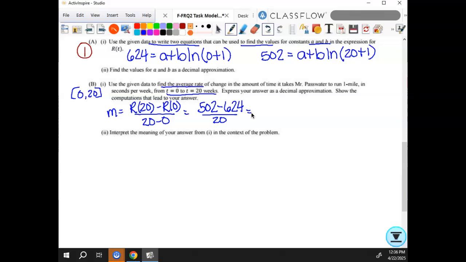And that's as much as I can do without the calculator, okay? But I have it set up, right?